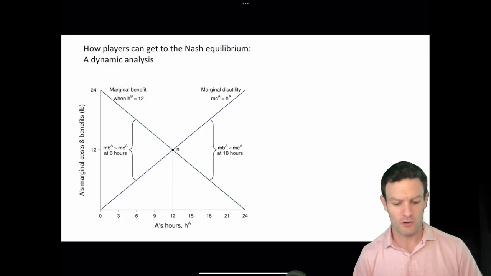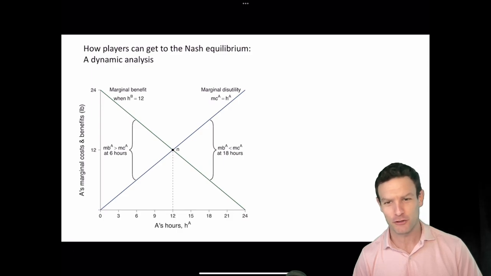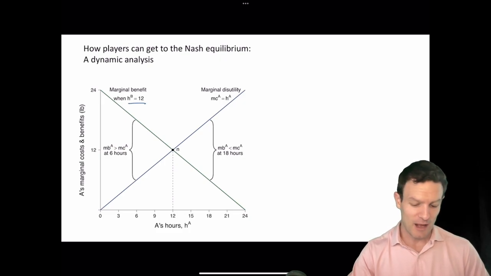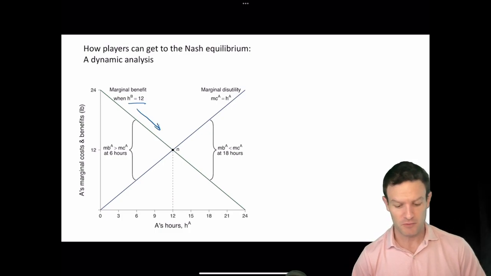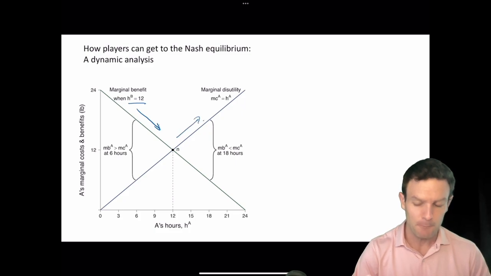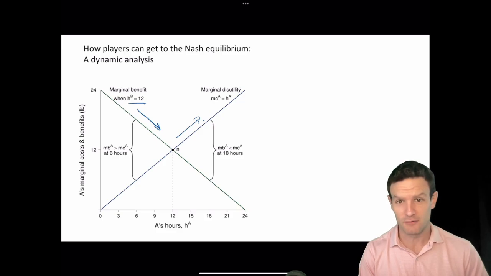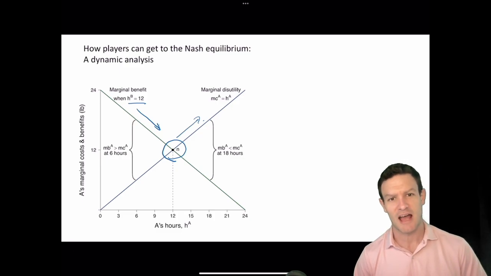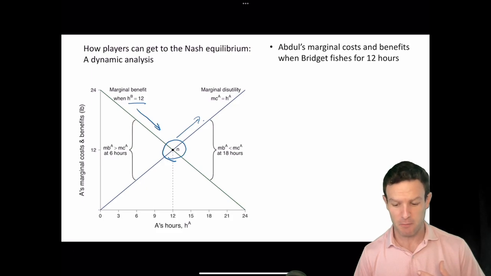We've set HB equal to 12, and we have this downward sloping marginal benefit curve for Abdul, with the consistently upward sloping marginal cost curve. When Bridget is fishing 12 hours, for Abdul, his marginal benefits equal his marginal costs at point N, and that is going to be his best response.